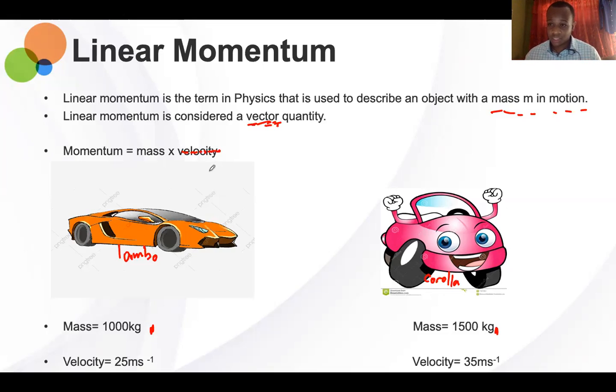So if an object is moving 10 meters per second north, this is the size of the speed of the object and also the direction. So because velocity is a vector quantity, momentum is also a vector quantity.